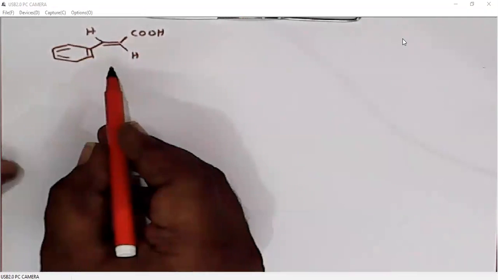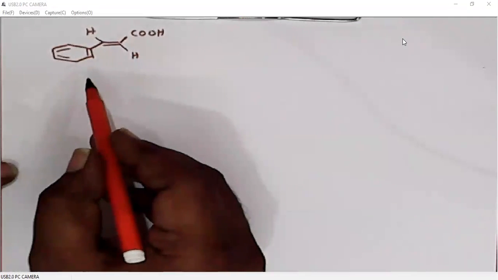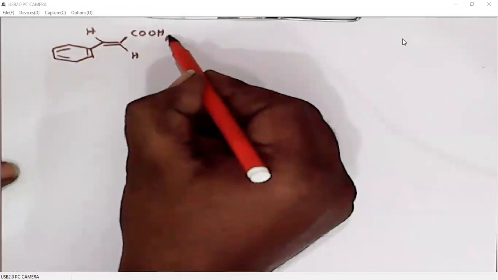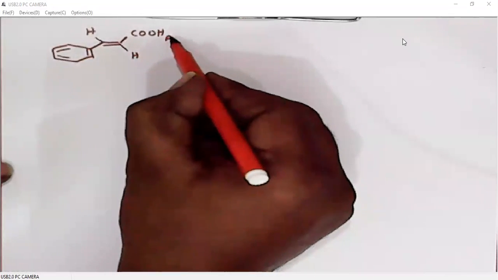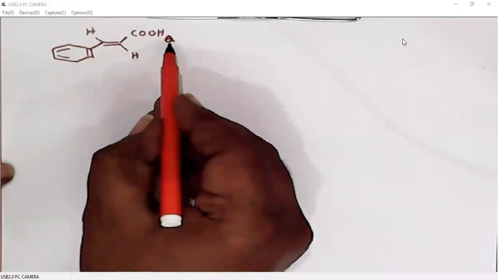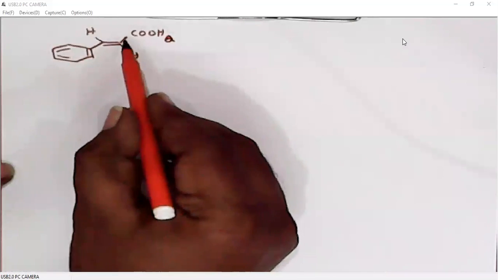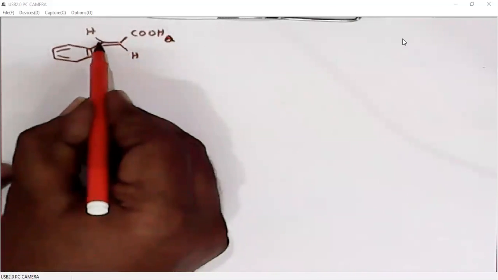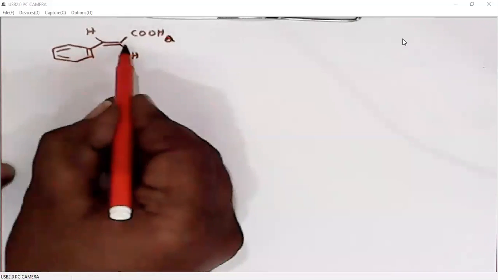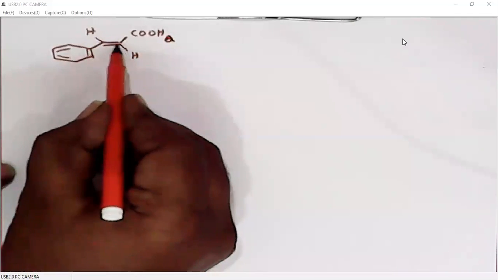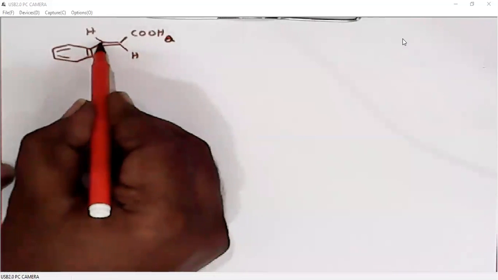This molecule gives, sorry, the chemical shift for the carboxylic acid is very high because it has a withdrawing group. It decreases electron density at this position. So compared to these two positions, we will have more electron density here and less electron density here.